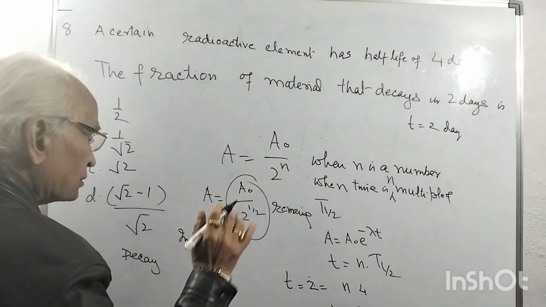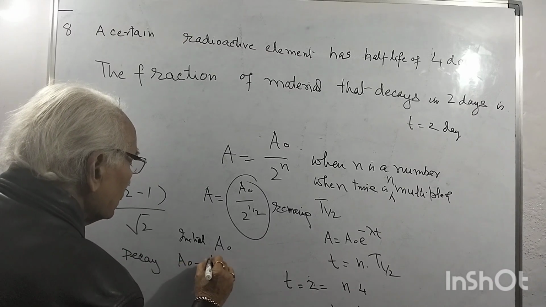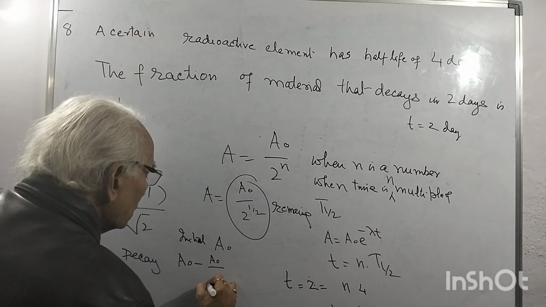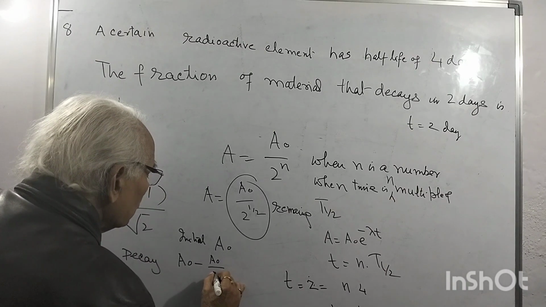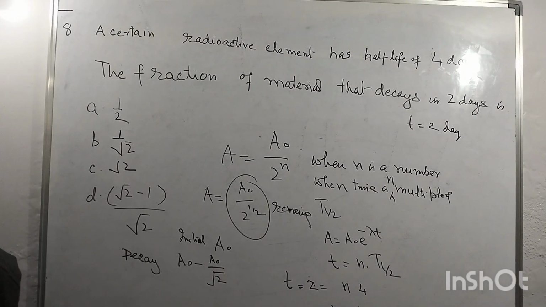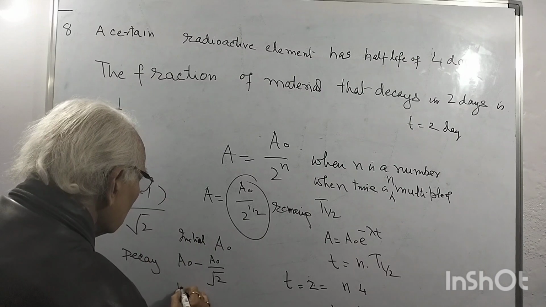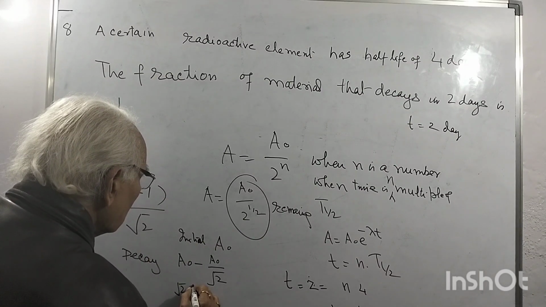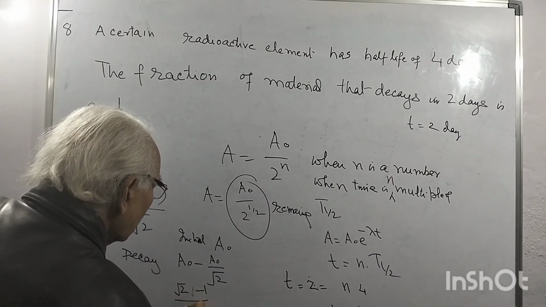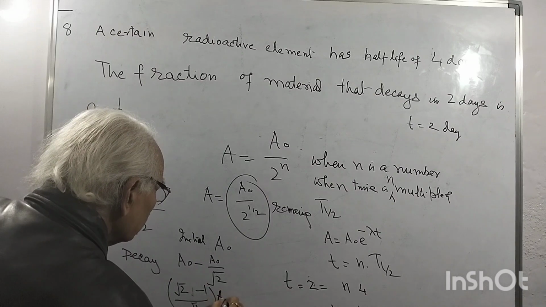So how much has been lost? Decay is A naught minus A naught by under root 2, that is 2 to the power half. So that is under root 2 minus 1 by under root 2, times A naught.